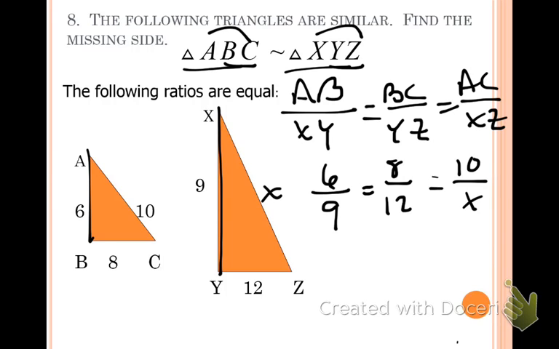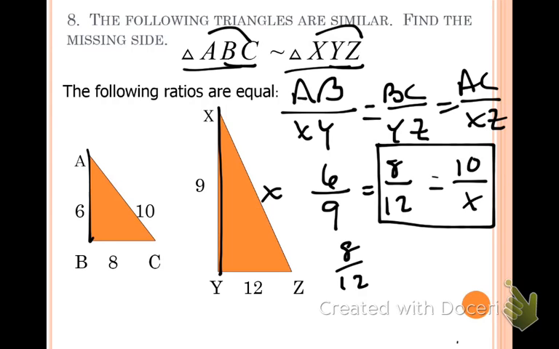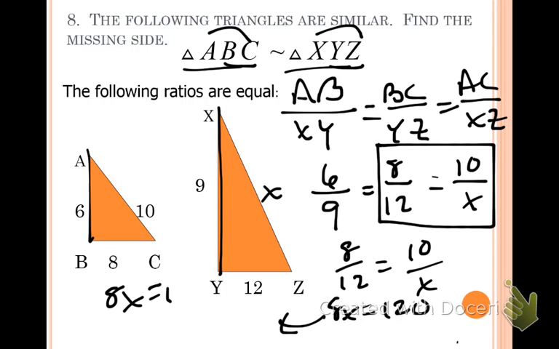So what we can do then is just grab a part of this and make that the proportion that you want to solve. So take 8 to 12, set it equal to 10 to x, cross multiply and solve, which we can't see, so I'm going to move it over here. 8x equals 120.